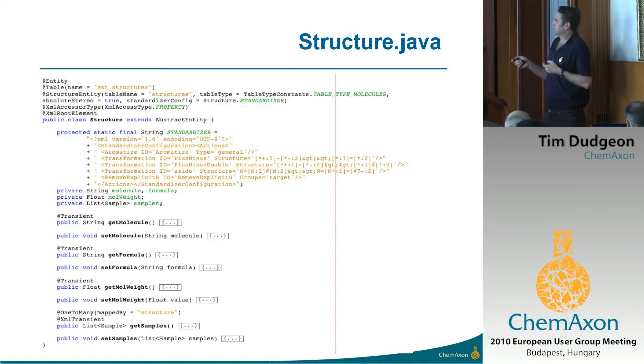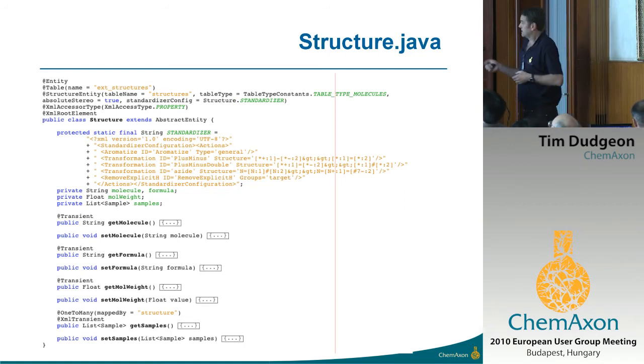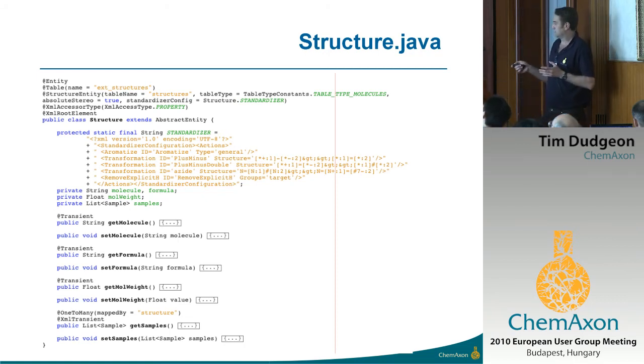Of interest here is the annotation structure entity, which is one of our annotations that defines what type of JChem-based structure it is, what type of JChem-based table it is. So here we can specify things like the absolute stereo flag, the standardizer, and things like that, what type of table it is. In this case, it's a molecules table, but we could specify a reactions table if we wanted instead. So this is how you define your structure entity in the system.